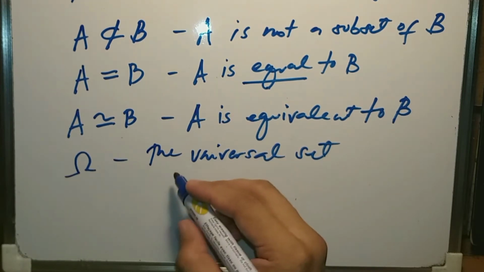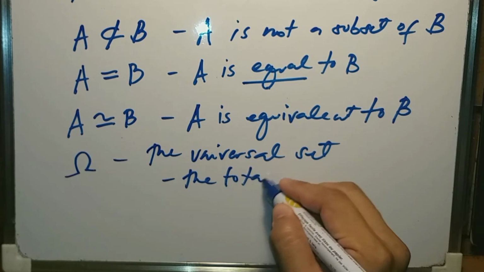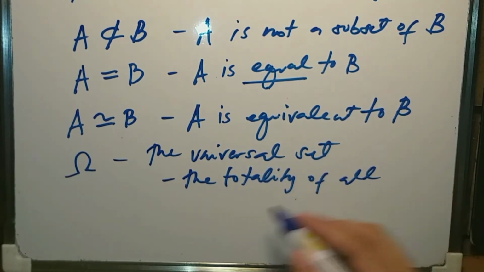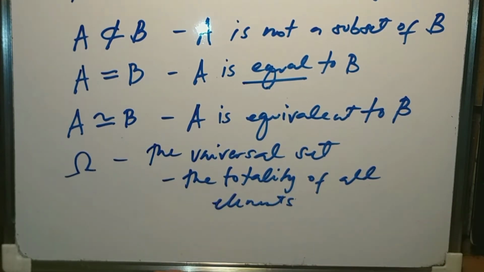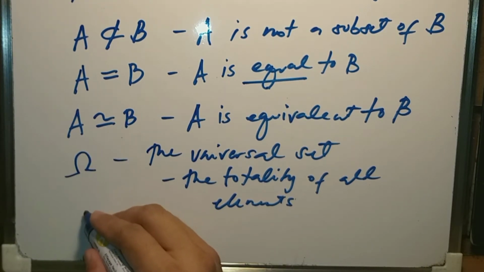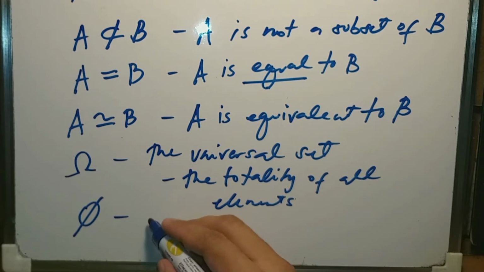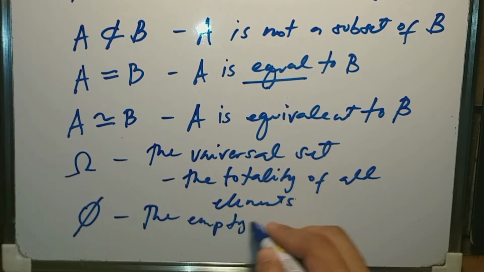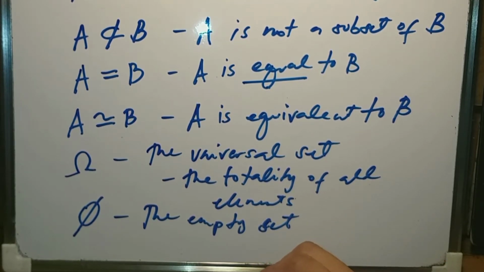So the universal set is simply the totality of all elements. And then we also have this symbol, which is the empty set. So the empty set is the set that has no elements.